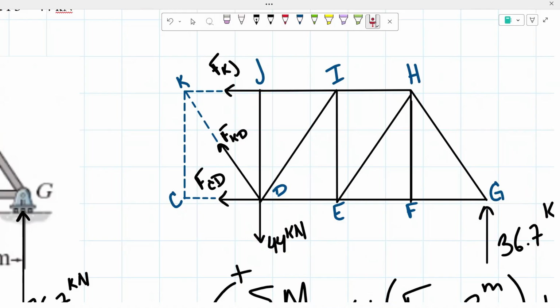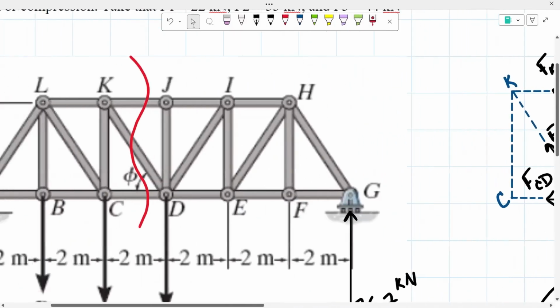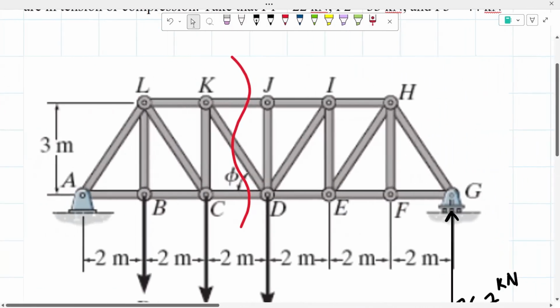But before doing that, since it is at an angle, we have to determine some geometry to be able to determine the vertical component of that. So looking back over here, we know that this side has a length of 2 meters. This side has a length of 3 meters.